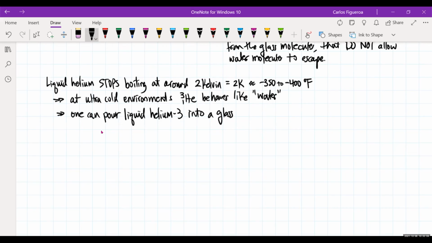When you get below 2 Kelvin, you get to something called the lambda point. So at 2 Kelvin, the glass container can contain the liquid helium.